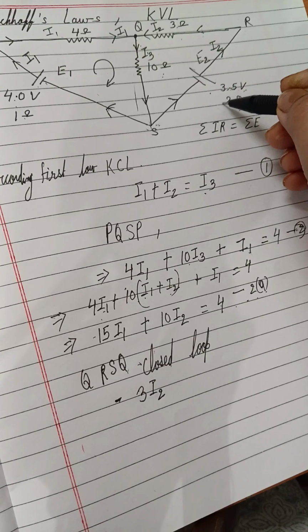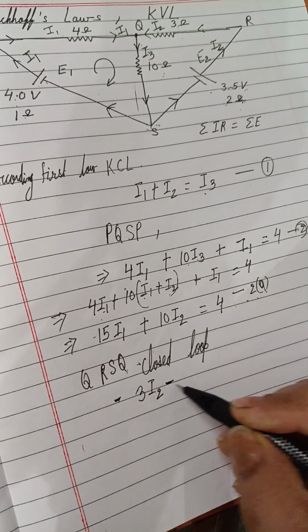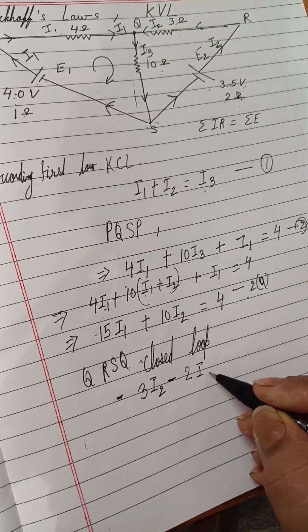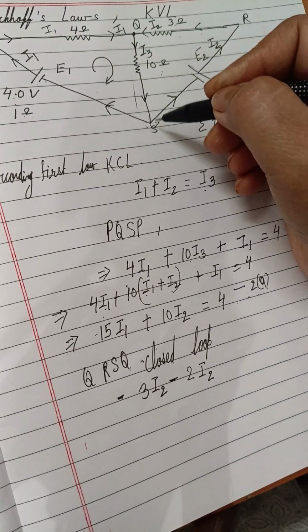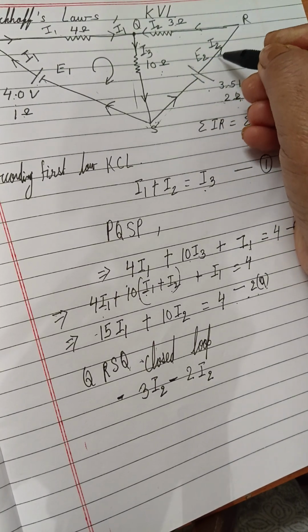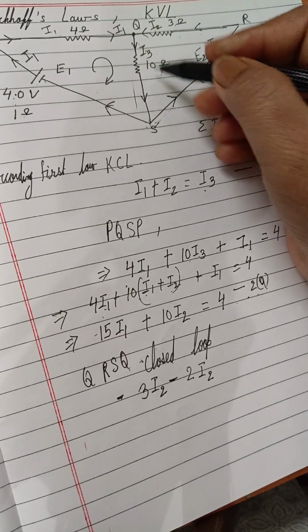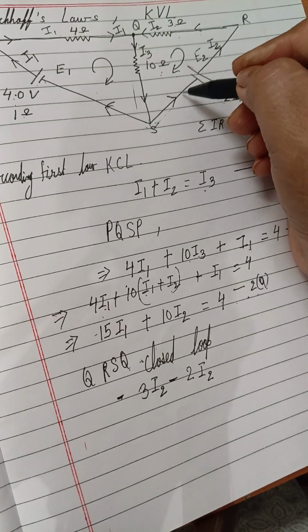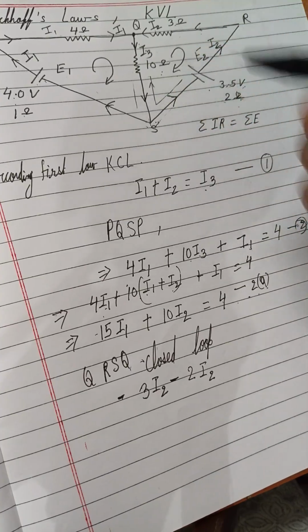after that you can check here, we have 2 ohm, that is the internal resistance. So again minus 2, current is going to be I2, same, again it will move over here, and then see the direction. Okay, because we are applying QRSQ, it's like this, so again it's moving over here, then again it is opposite.